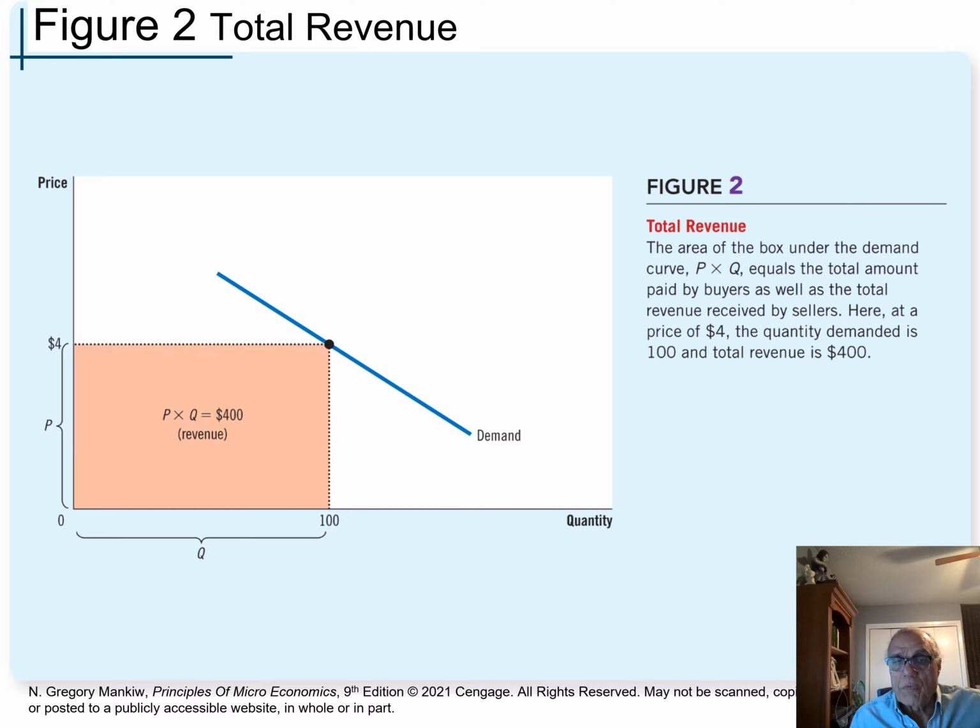Let's say the price is $4, 100 units are sold and bought, and the total revenue made by these producers is P multiplied by Q, which is 4 multiplied by 100, which gives us $400.